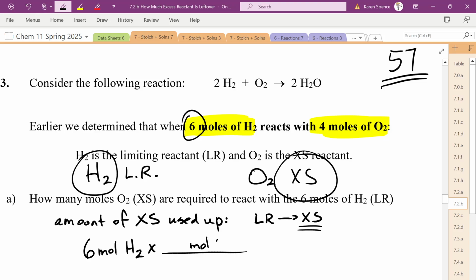So we want to find our moles of O2 and cancel moles of H2. We only use up 1 O2 for every 2 H2O. And so we get 3 moles of O2 used up.